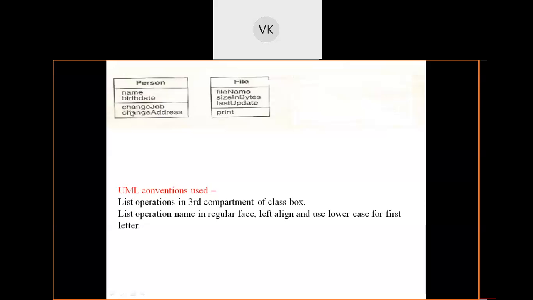Here you see this is the third compartment. This whole thing is the class diagram. The third compartment is meant for writing the operations for the class, change job and change address. These are some of the operations. Change phone number, change email id, all these are some of the operations of the person.